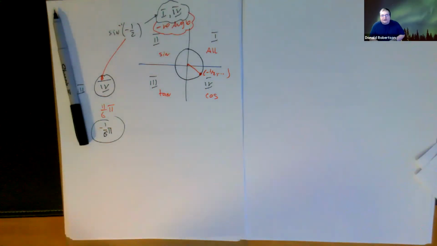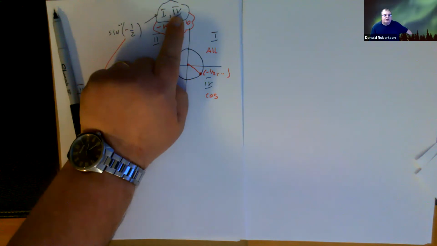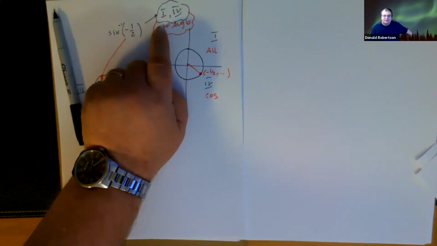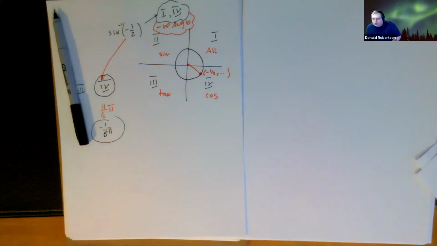So when you're trying to find the inverse sine of -1/2, you know to look in the fourth quadrant because it's negative, and you notice that whatever your answer is, it's a negative angle. So your answer will be negative a quarter pi, negative a half pi, negative a sixth pi, things like that.